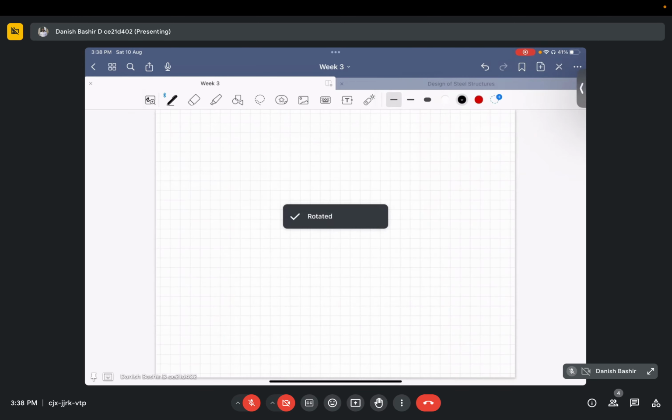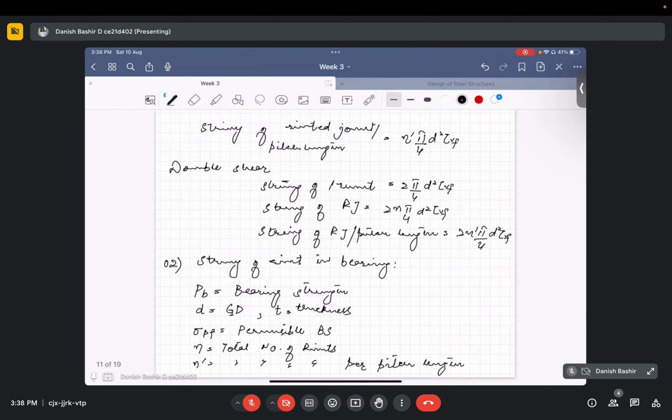Sir, what is n dash, sir? N dash is the total number of rivets per pitch length. For example, we have one plate here, another plate here, and we are attaching rivets like this.